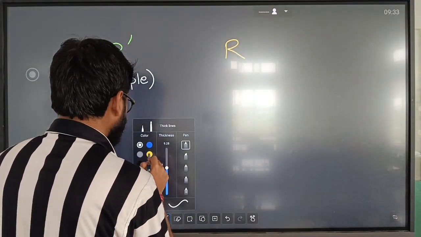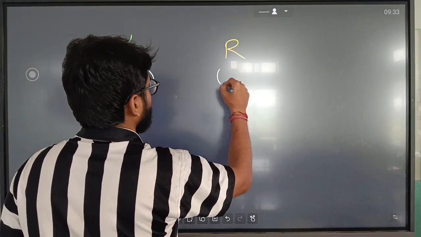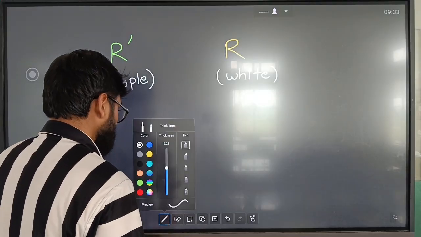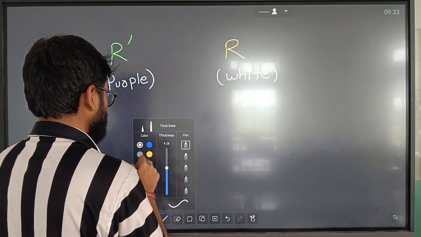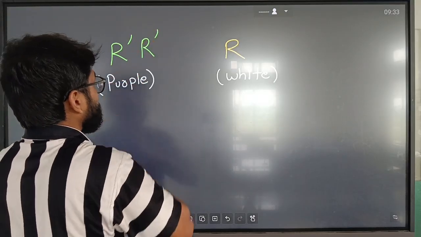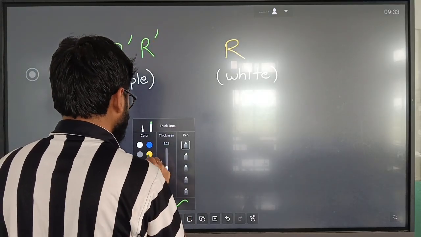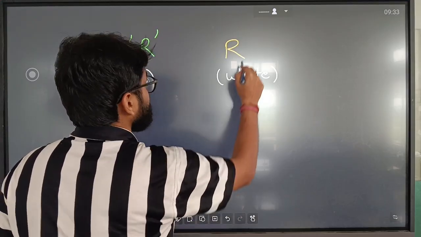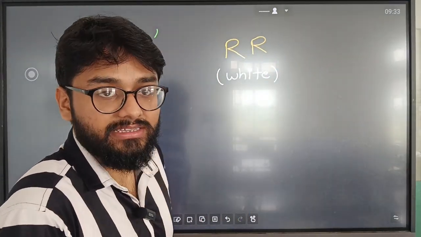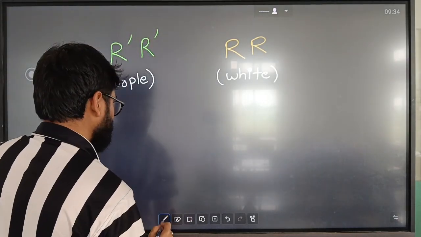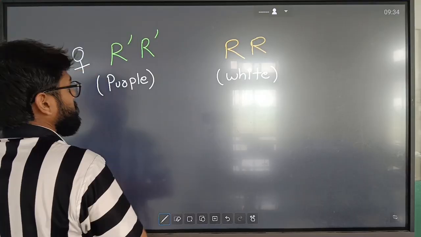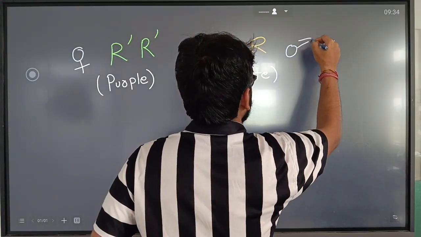And this one will automatically then become white, correct? Capital R then represents white. So it needs to be in a genotypic form. That means it can be either this or this. These are both your homozygous parents.